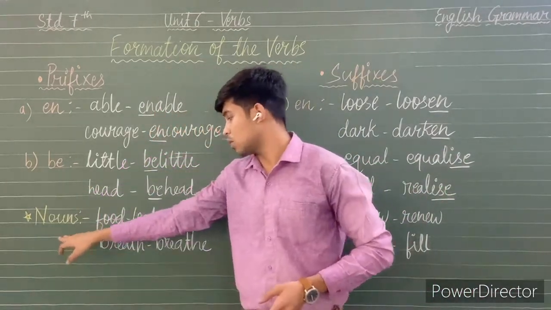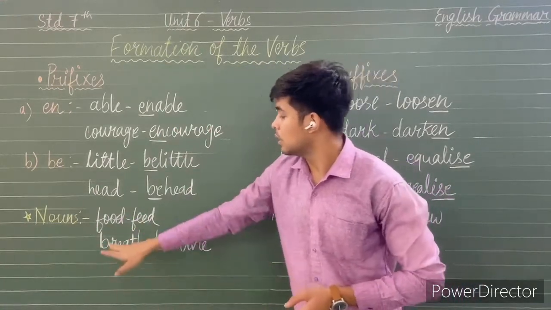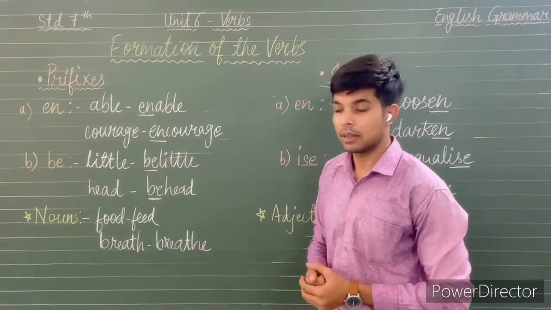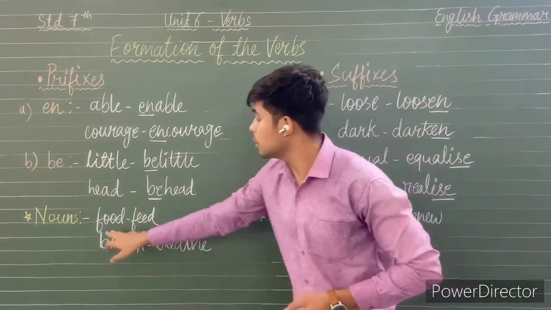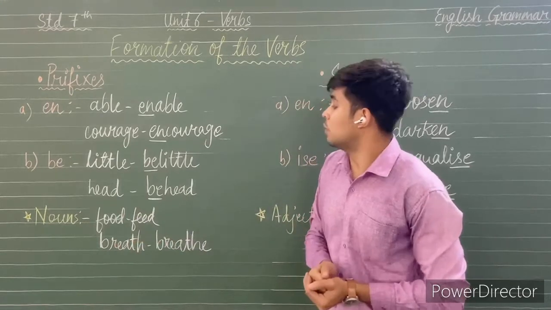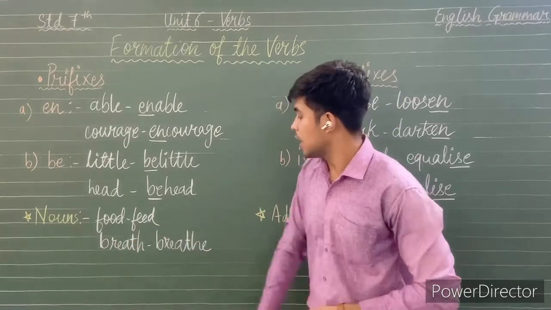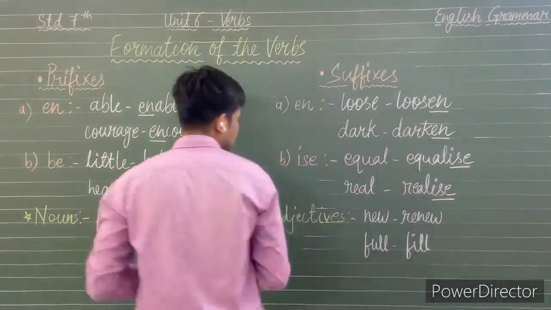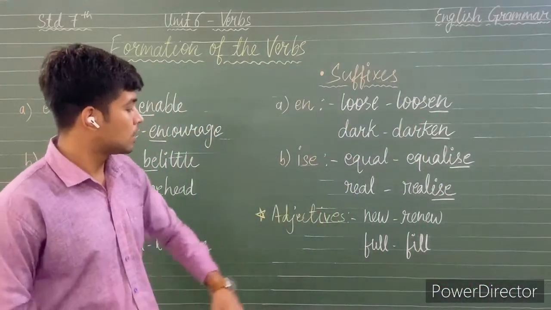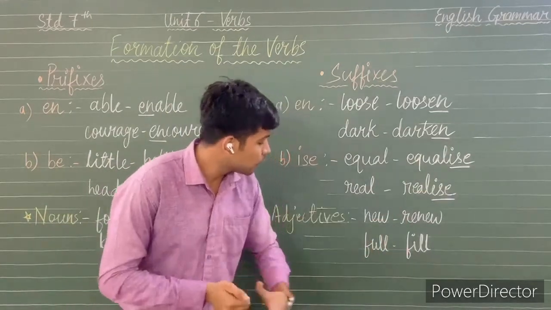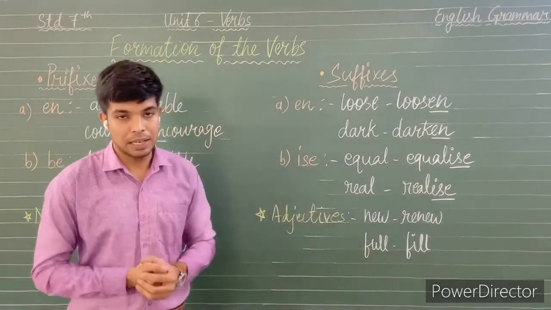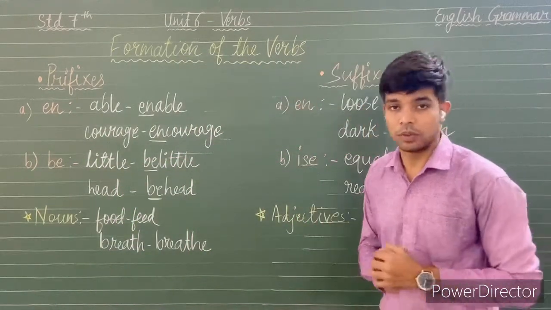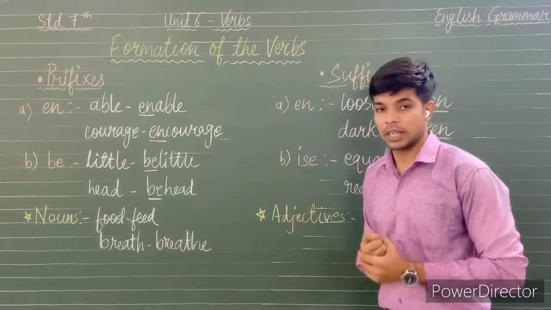If we look at the nouns, food is a noun, breath is a noun. Food becomes the verb feed, and breath becomes the verb breathe. Similarly with adjectives, new becomes renew and full becomes fill. So there are different words which are converted into verbs from nouns and adjectives.